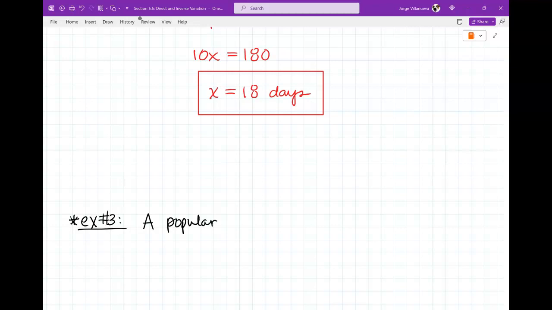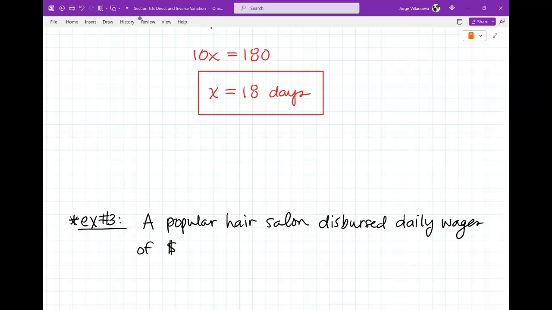So a popular hair salon disbursed daily wages of $641.88 equally among 8 shampooers.